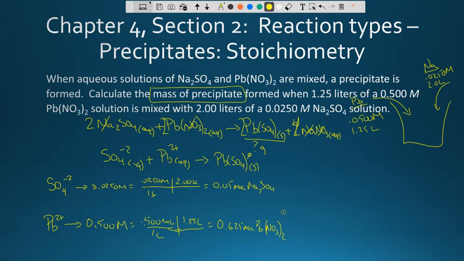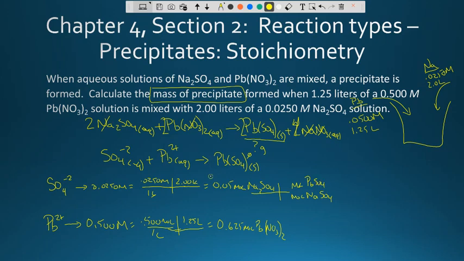Now, we took care of how many moles are in there. Now let's convert my sodium sulfate moles into my moles of, in this case, lead sulfate, my solid. Okay.